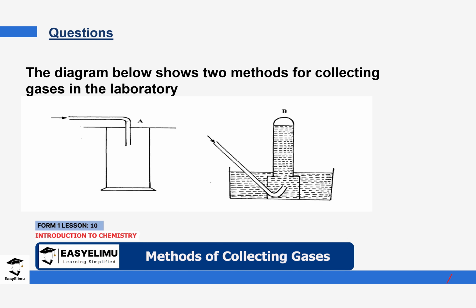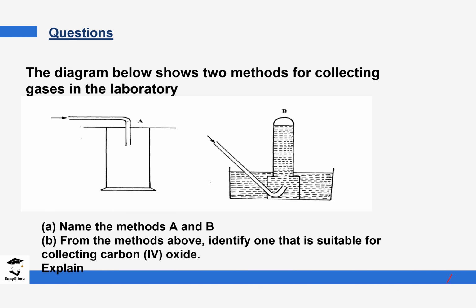So we have method A and method B. Name method A and name method B. Method A is downward displacement, downward delivery, or downward displacement or upward displacement of air. And then method B is overwater method.